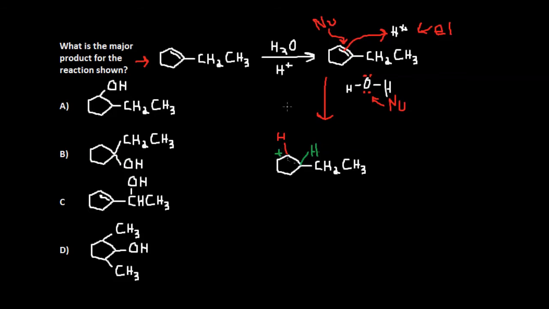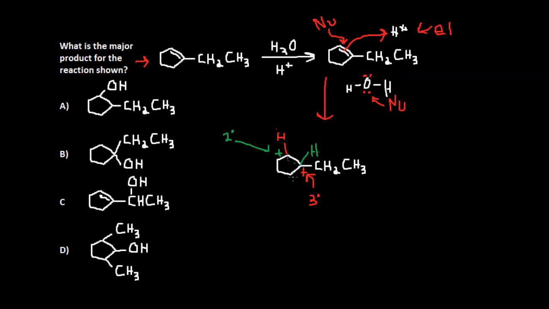And if you add H here with this guy, you end up with positive charge over here, right? And so if you end up with this carbocation, that would be a 1, 2, 3 tertiary carbocation. And if you end up with this carbocation, that would be a 1, 2 secondary carbocation, right?